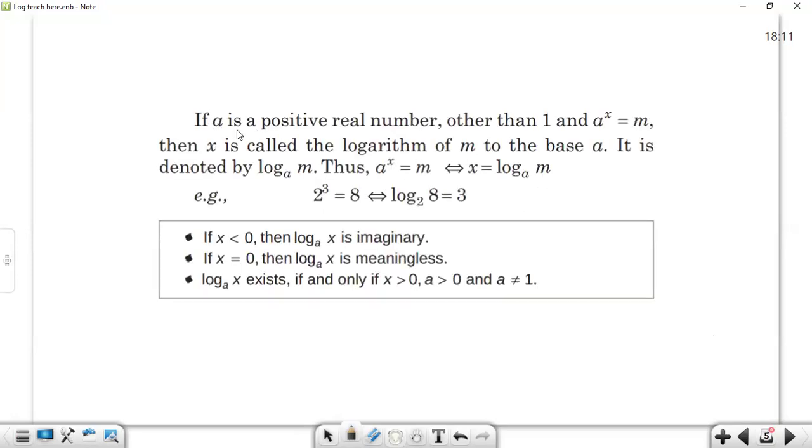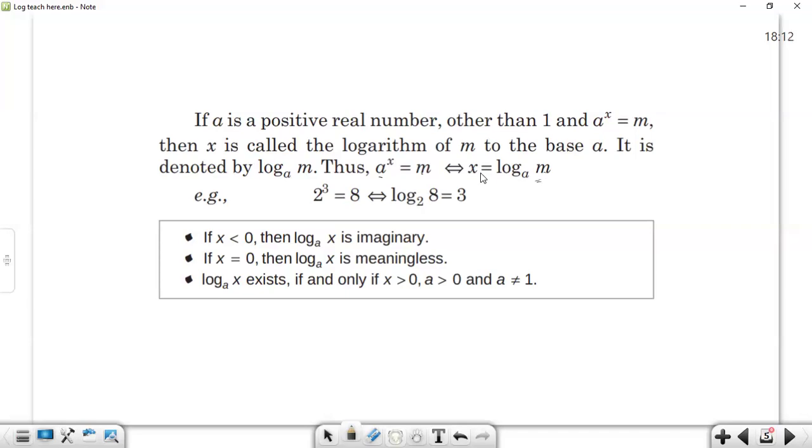So let's read the definition. If a raised to power x is becoming m, then logarithm of m to the base a is x. That is, to what power a should be raised so that it becomes m.